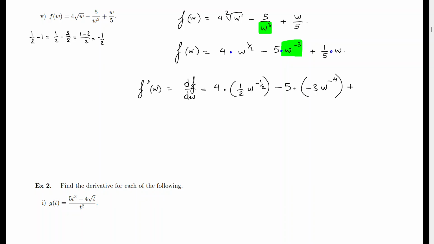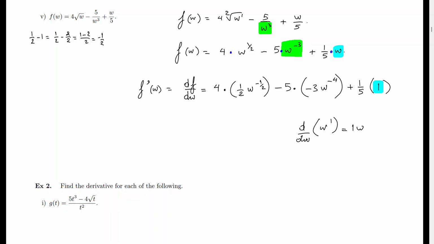And finally, the 1/5 times the derivative of w. The derivative of w is just going to be 1. We've mentioned before that if you have x or w or t or whatever, their derivative is just going to be 1. And again, why is that? That's because this variable w has power 1. So when I differentiate it, the power comes down to the front, and then I lose 1 from the original power.